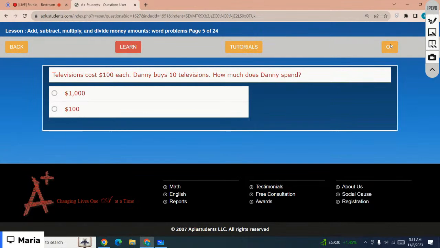Okay, televisions cost $100 each. Danny buys 10 televisions. How much does Danny spend? So which is the cost of the 10 televisions?